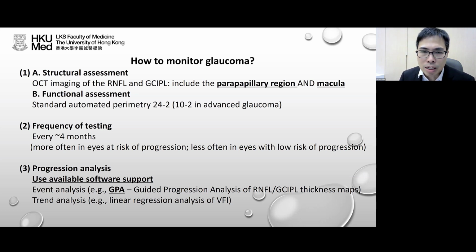And then we also need to evaluate both the peripapillary region and the macula for structural evaluation of optic nerve progression. So this is what I want to share with you.